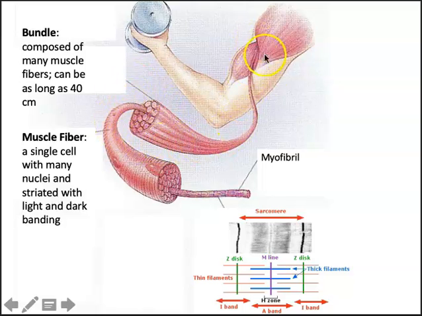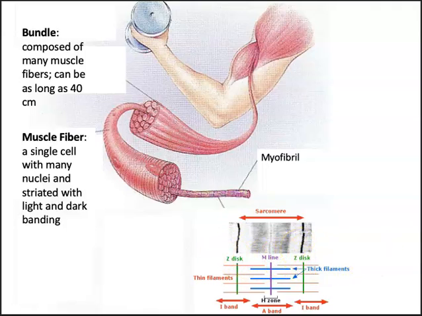And this can be, again, a very long bundle consisting of very long muscle fibers. Then if we zoom in on one of those muscle fibers, we would see, again, lots of those groupings of contractile proteins called myofibrils. And within each myofibril, there are many sarcomeres, which are groupings of contractile proteins.